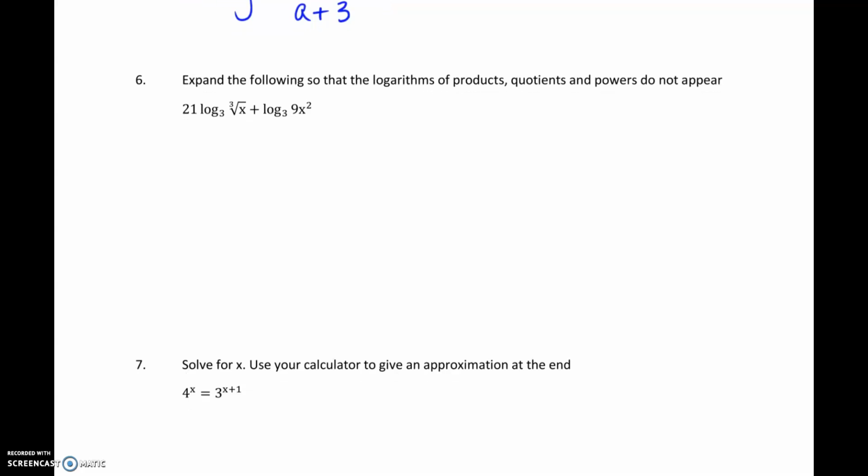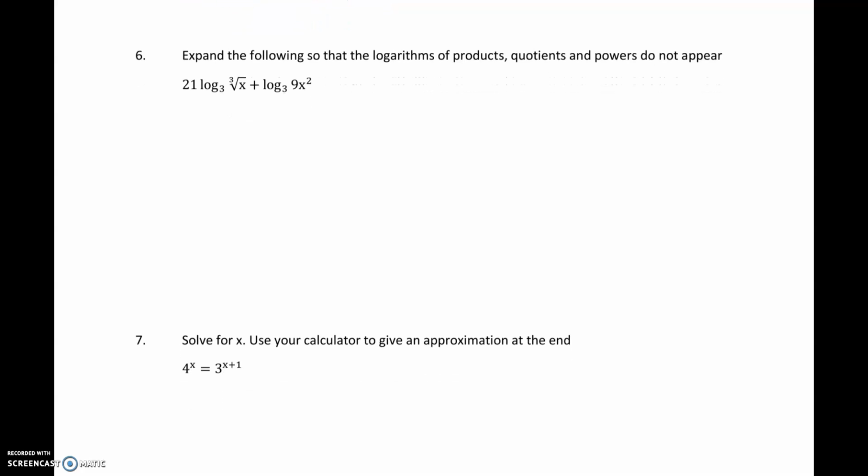Question number 6 is asking for the reverse. We're asked to expand the logarithm. So let's start by writing the cube root as a 1/3 power. So we have 21 log base 3 of x to the 1/3 plus log base 3 of 9x squared.